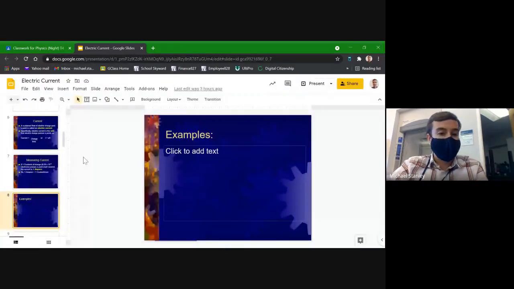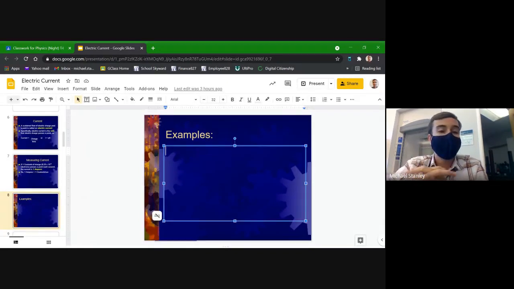So with that, I was just going to do some quick, basic examples with you guys to show you the different ways that we can measure current.